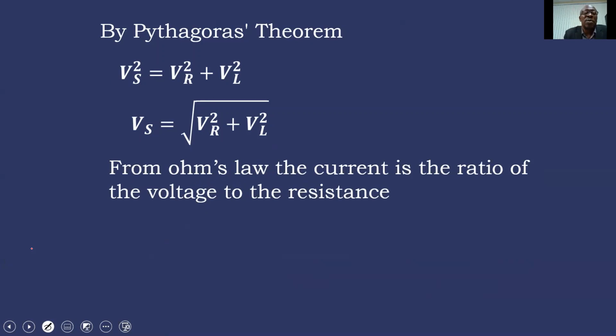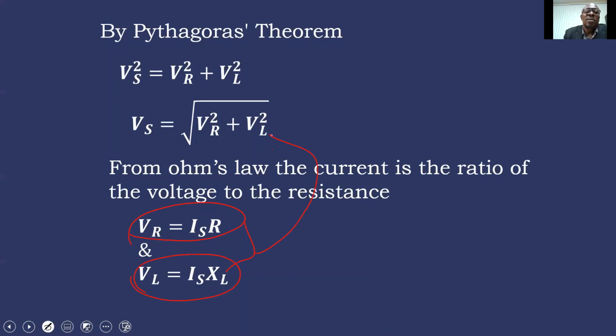And if we refer to Ohm's law, the current is equal to V over R. We can apply that to the inductor, because if we know the inductive reactance, then the current through the inductor would also be V over XL. So we make these two substitutions into our equation.